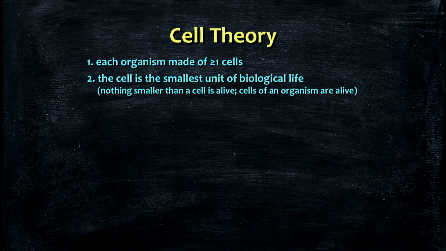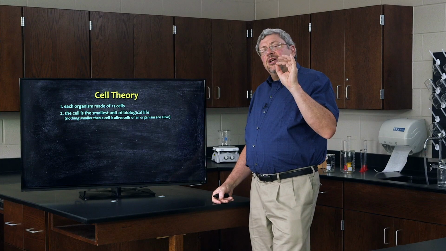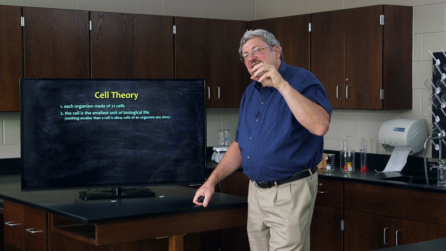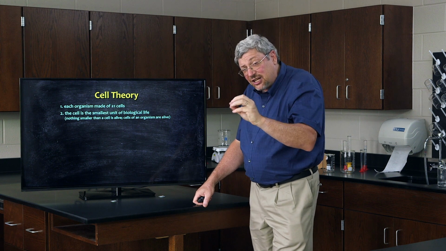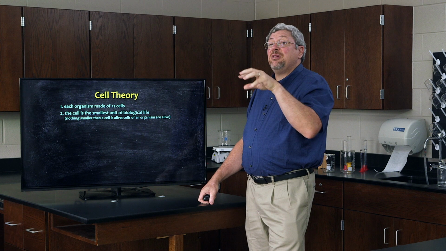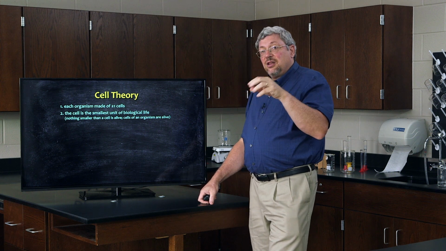Second, the cell is the smallest unit of biological life. Here the idea is our bodies are made of trillions of cells. The claim here is that every cell in our body is a living thing in the sense of biologically living. That wouldn't be biblically living, that would be biologically living.